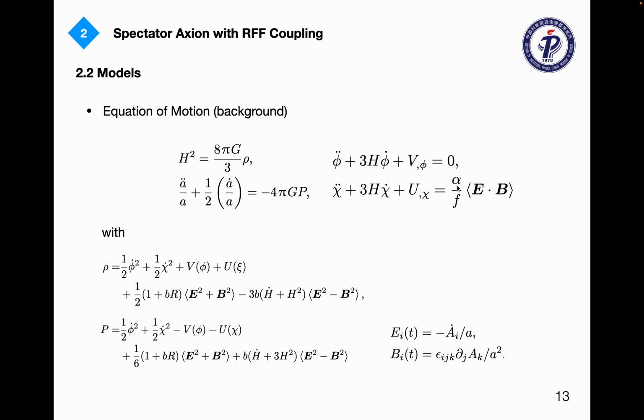So here is the equation of motion of our axion model. The first part of the equation of motion is very similar to standard axion inflation, except that this time our axion is a spectator but not the inflaton.